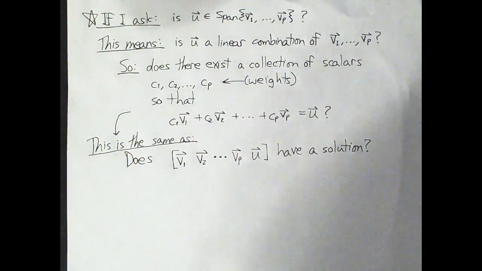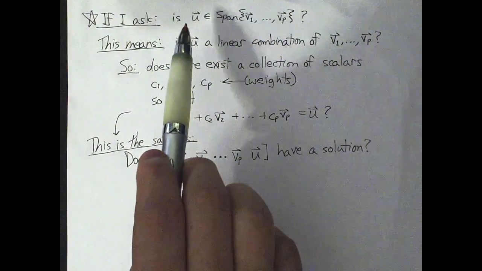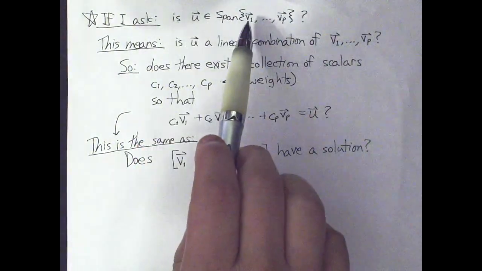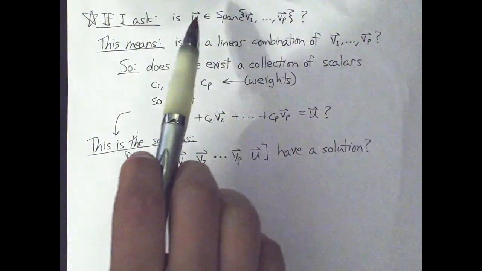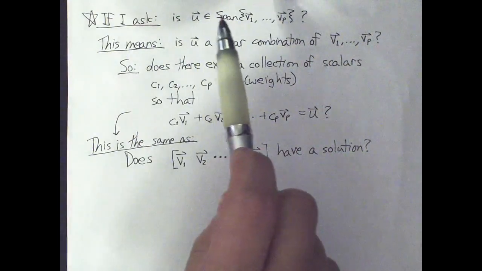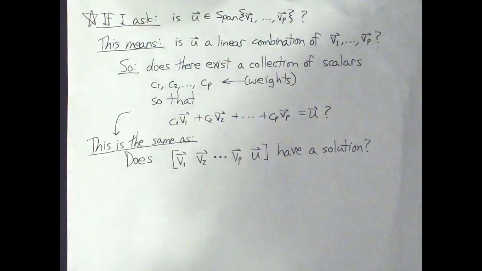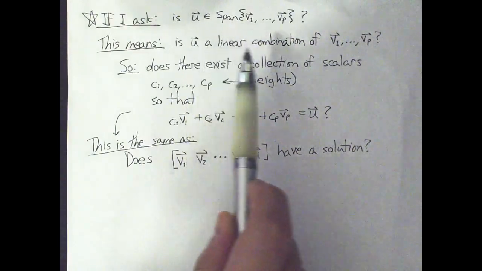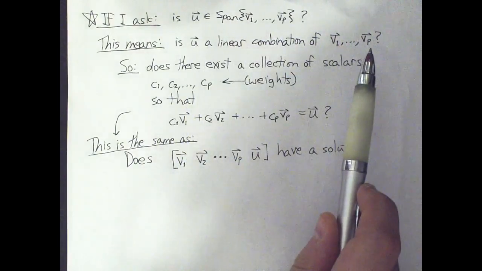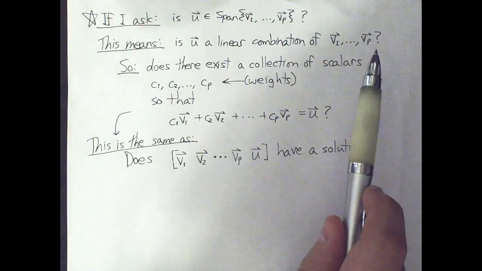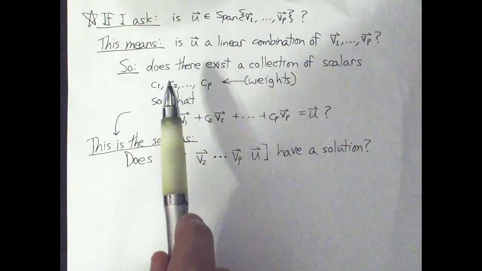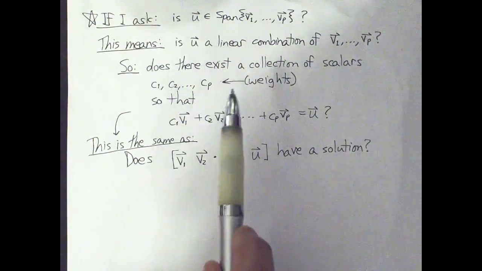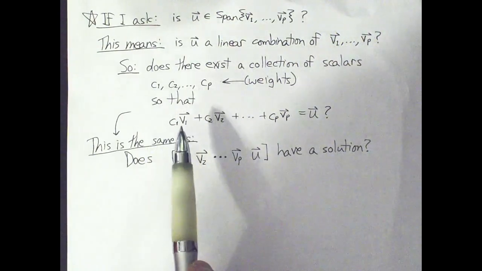If I give you the vector u and the v's, and I ask, is this vector in the span of these vectors? It's really me asking you, is u a linear combination of those vectors? Which it might be or it might not. It depends on whether or not weights exist so that this is true.